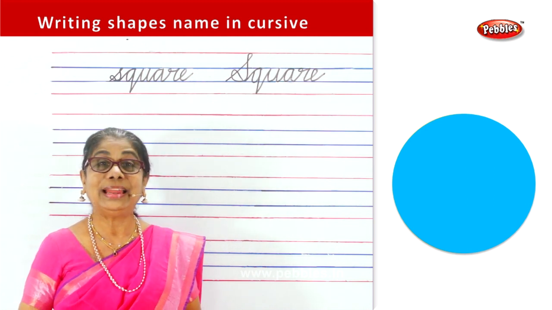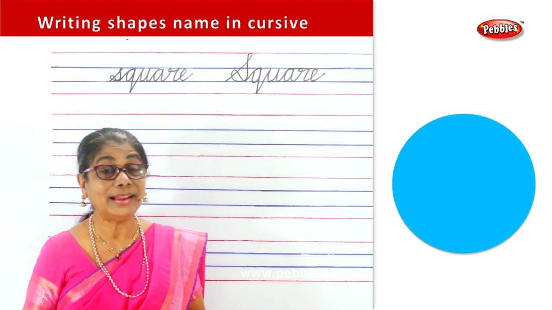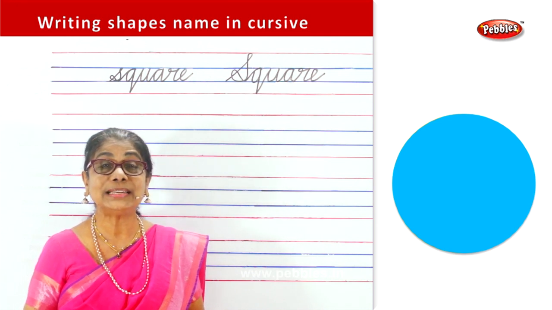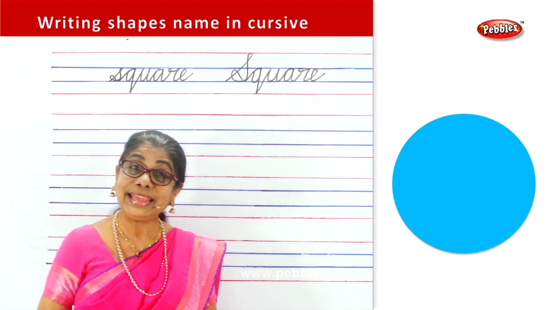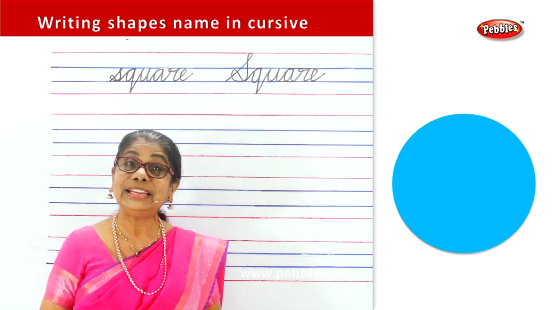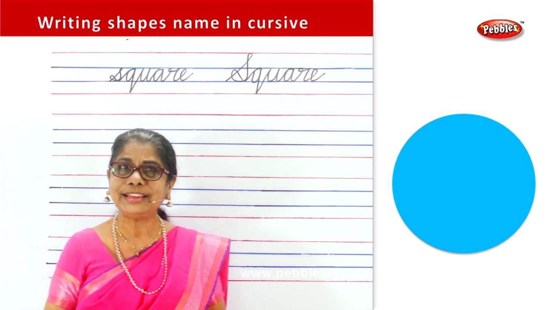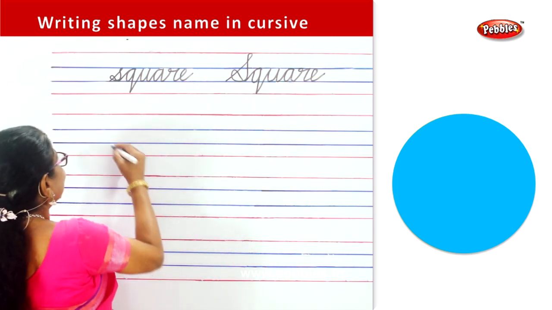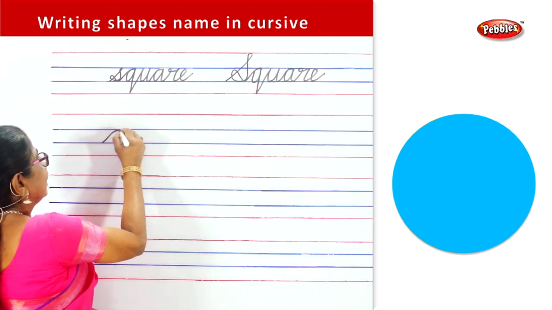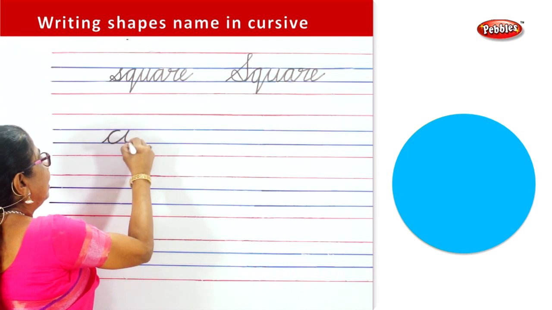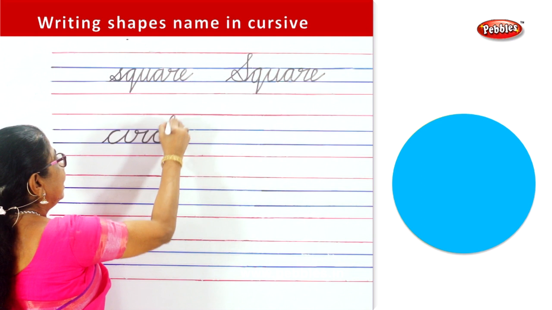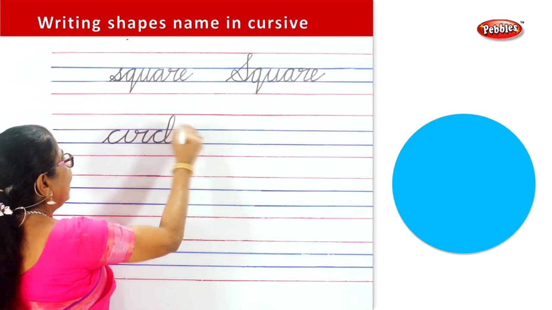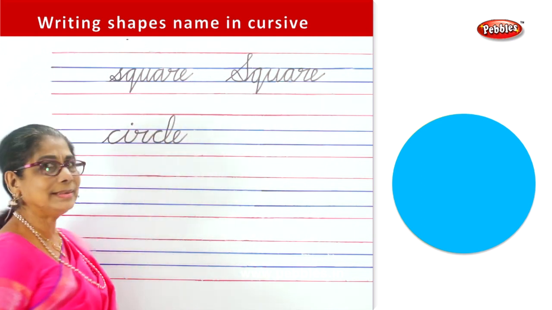Very good. Let's now write the spelling of circle. C I R C L E, circle. Shall we write? Good. C I R C L E, circle.